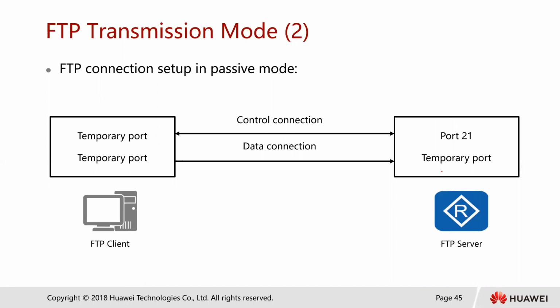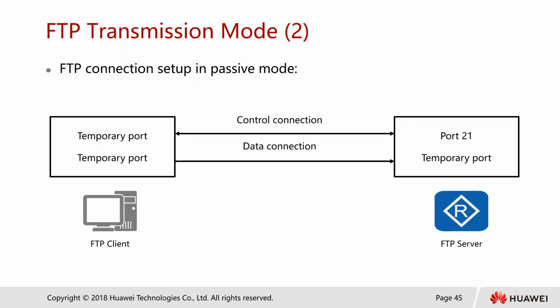FTP transmission mode two, this is the passive mode. In the passive mode, the procedure to set up the connection is that the server enables port 21 to listen and waits for the control connection setup with the client. So the client initiates a control connection setup request, and the server will of course respond.